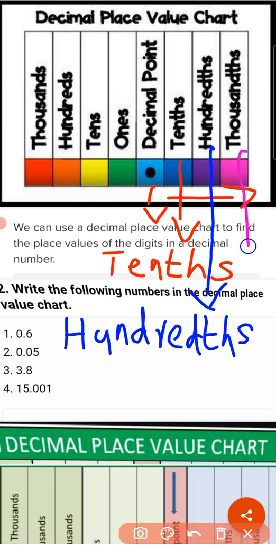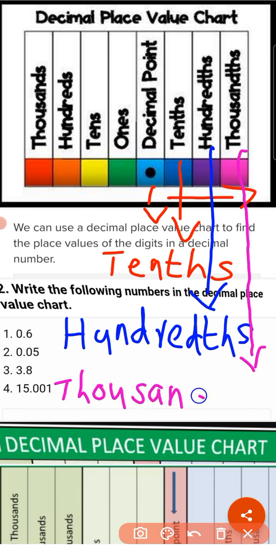The third place to the right side is thousandths. Write thousand, then THS.